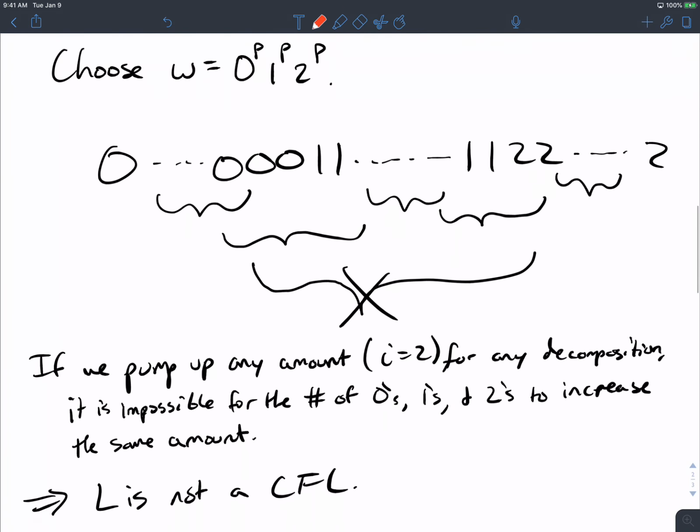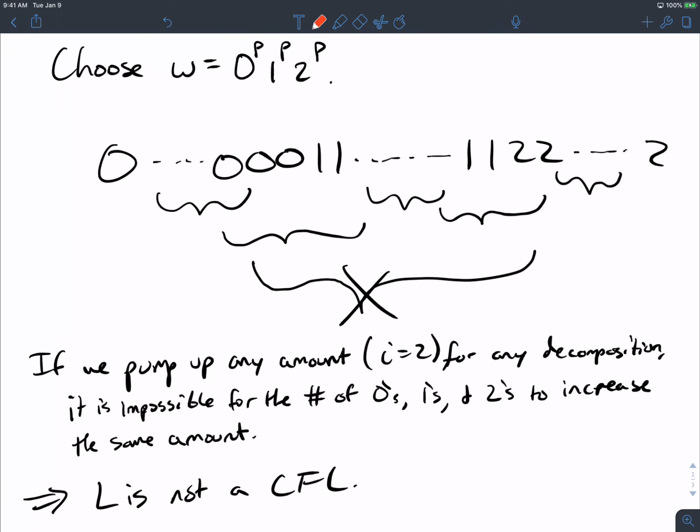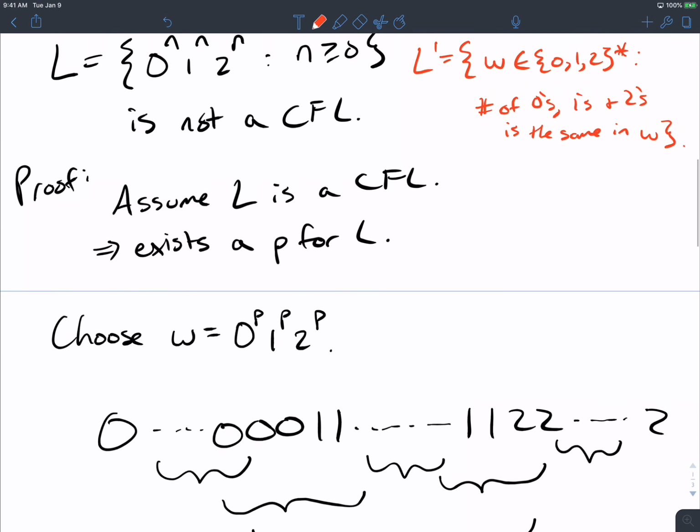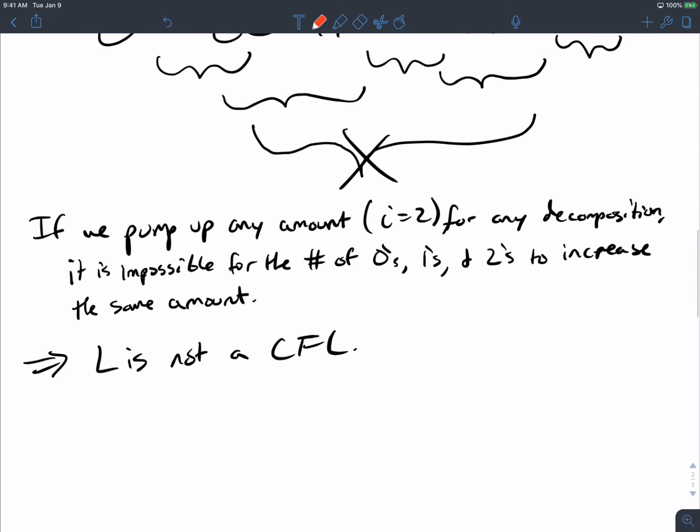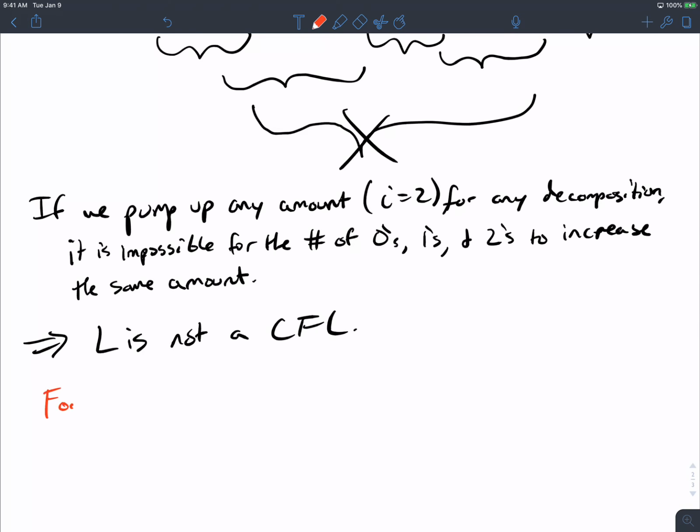Well, no matter what happened, we got a different number of zeros, ones, and twos. So no matter what happens here, because we got a different number of the three sets of characters, we leave L prime also. So what can we conclude about L prime? It's not a CFL either. So for the exact same proof, L prime is not a CFL either.